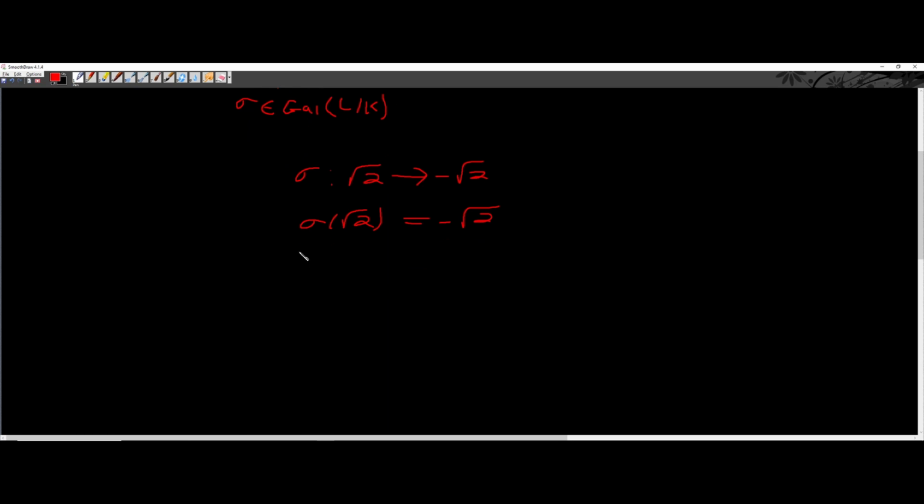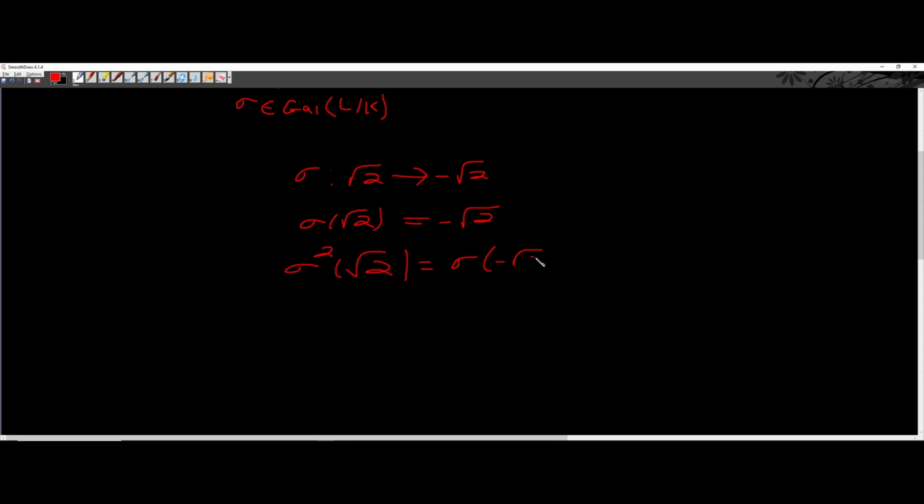And sigma squared is not a unique automorphism. It goes back to the identity, because if we apply sigma squared to square root 2, we can compute it like so. We already stated that sigma of square root 2 is negative square root of 2.